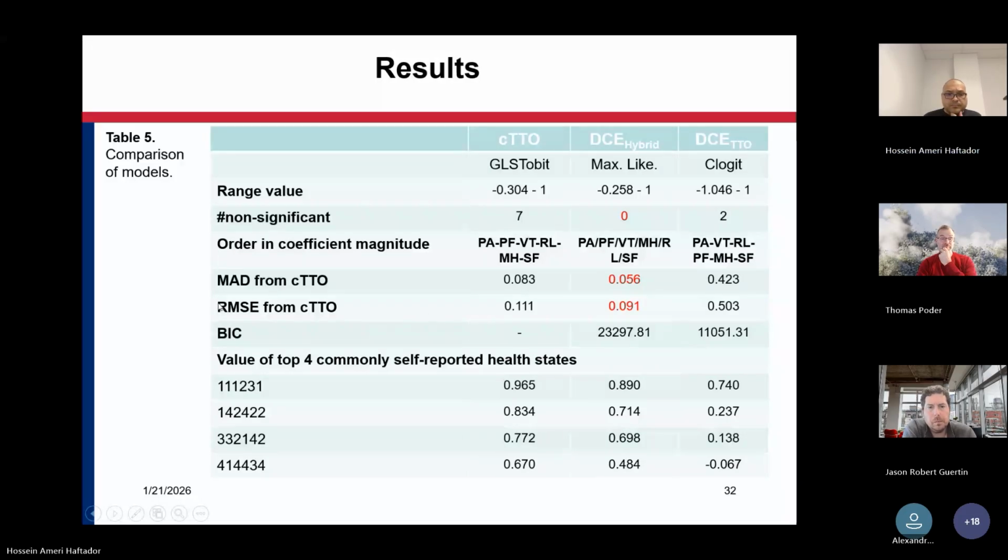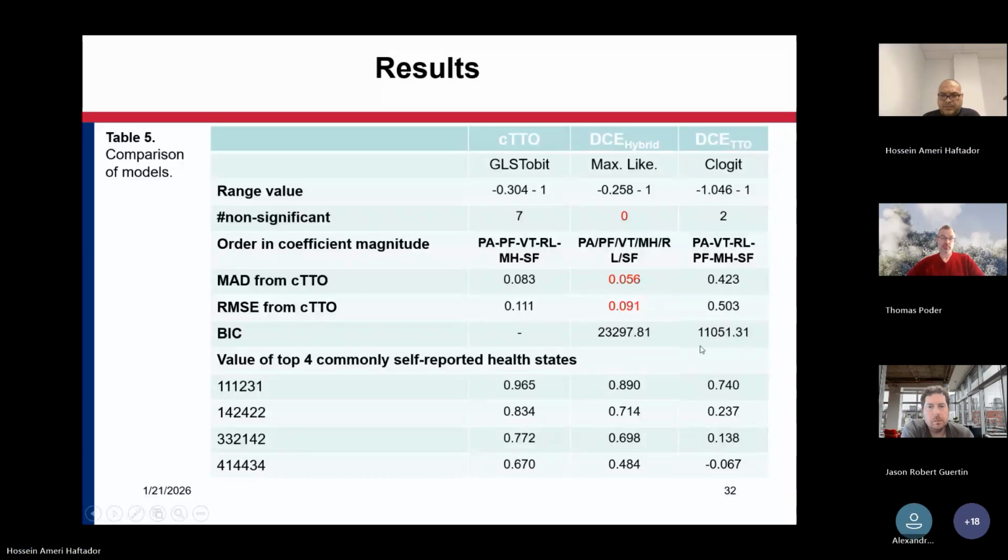And model performance, including mean absolute difference and RMSE, revealed this model is better because the value of MAD and RMSE was the lowest for DCE hybrid.